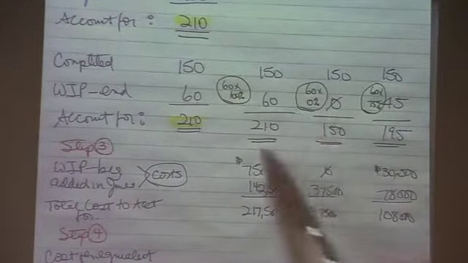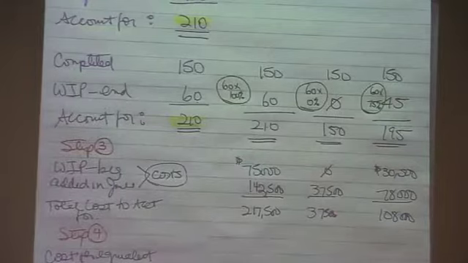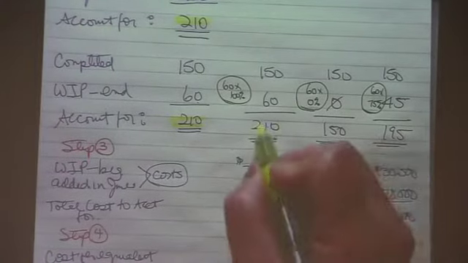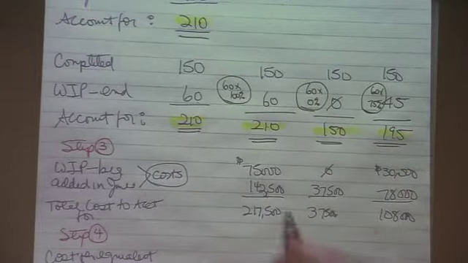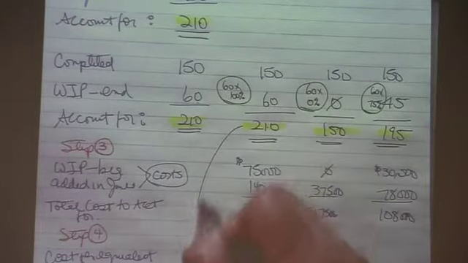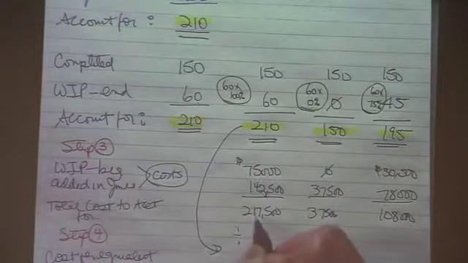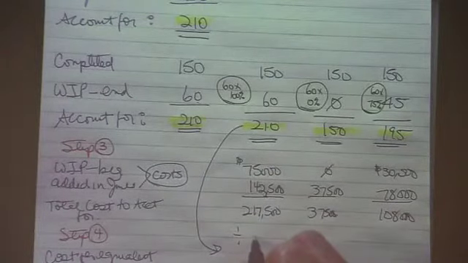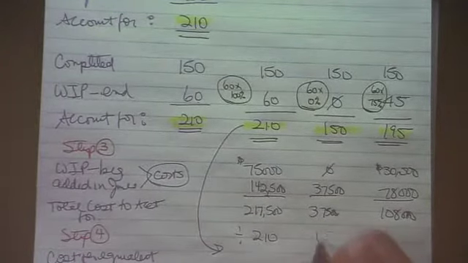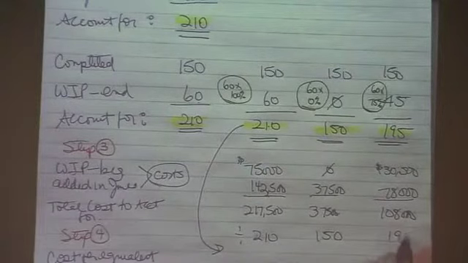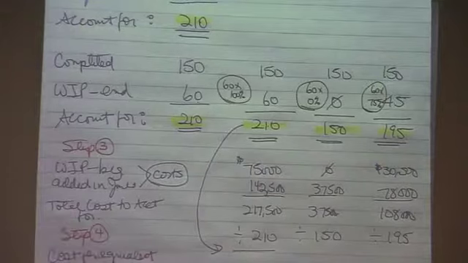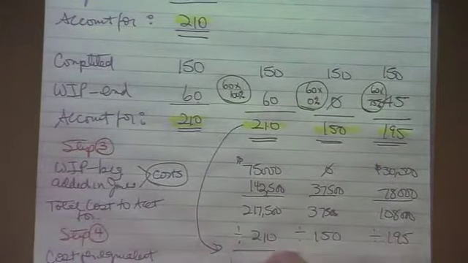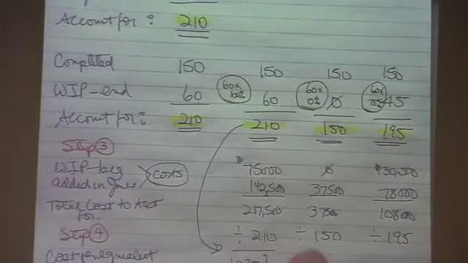These are the equivalent units. Let me highlight that as well. So we're going to take the equivalent units divided by the cost to account for. The cost per equivalent unit is 1035.71.